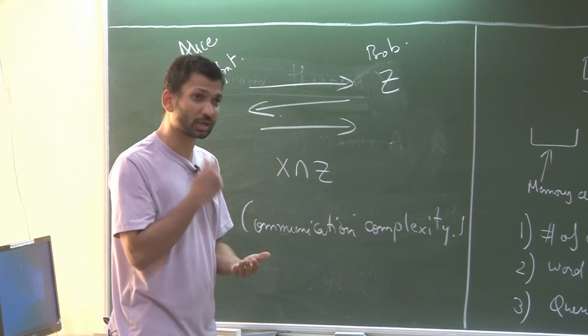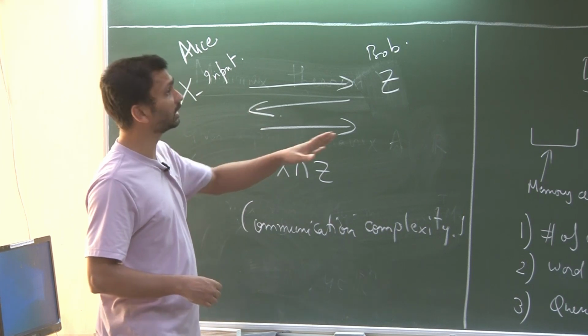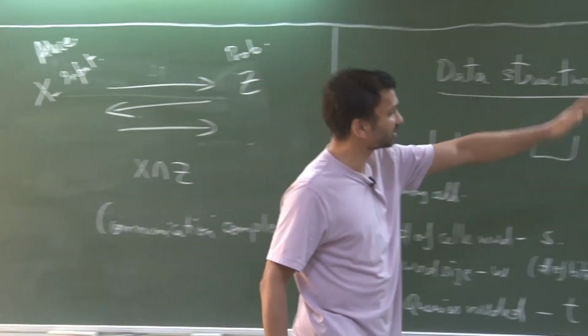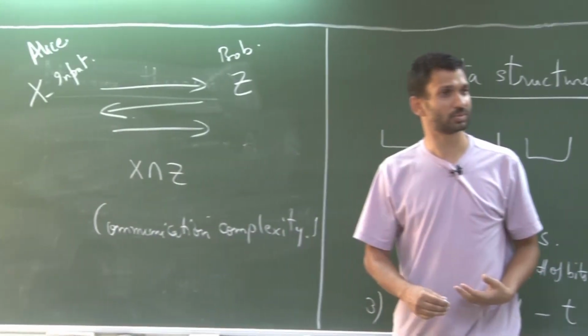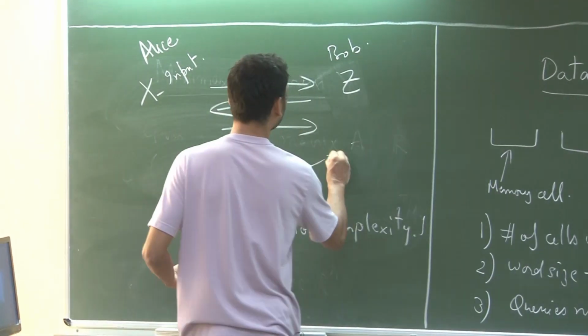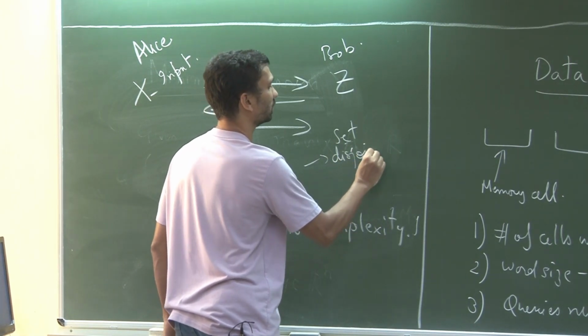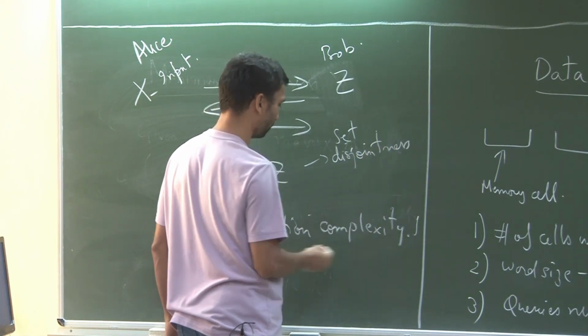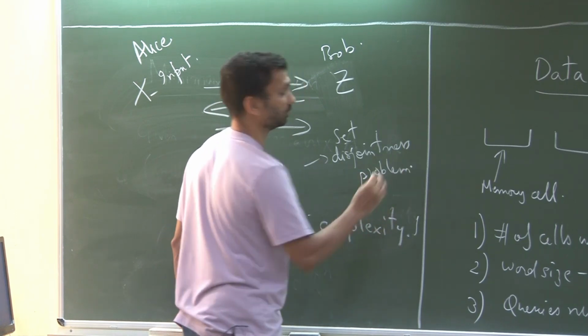You can give VLSI circuit lower bounds, you can give data streaming lower bounds. Good bounds on this kind of thing actually come from studying these kinds of problems. And this is what we call the set disjointness problem, which is a canonical difficult problem for communication complexity.